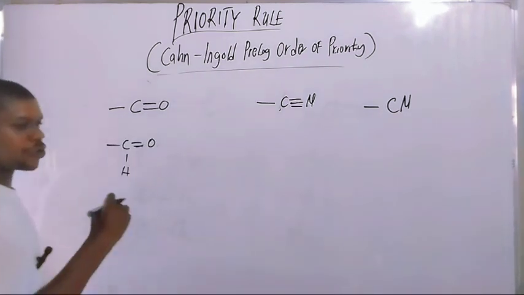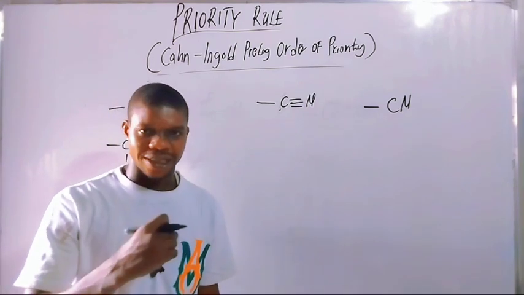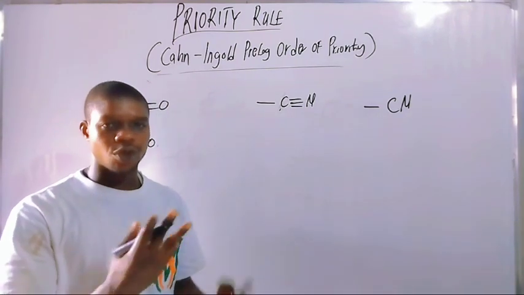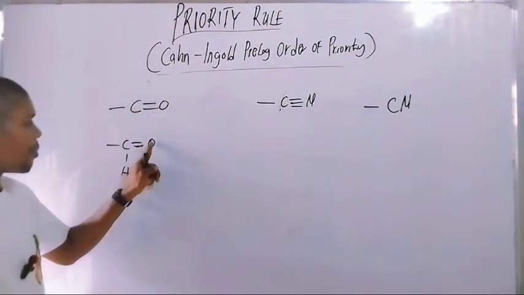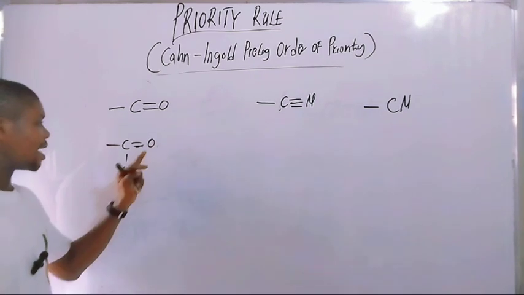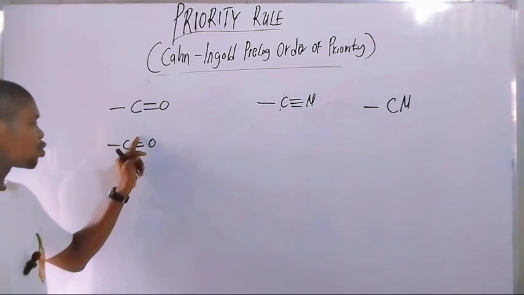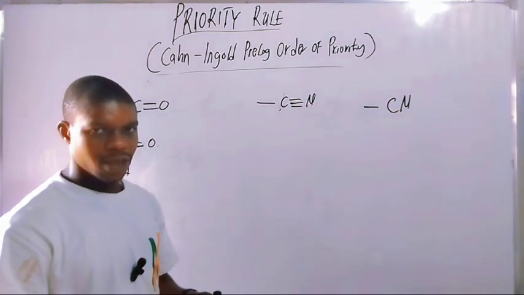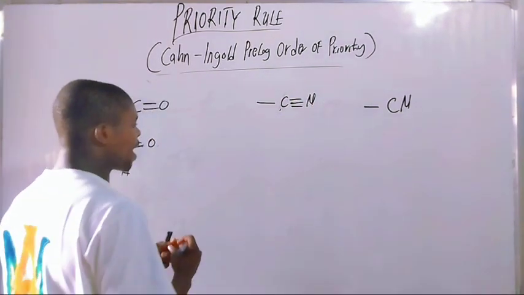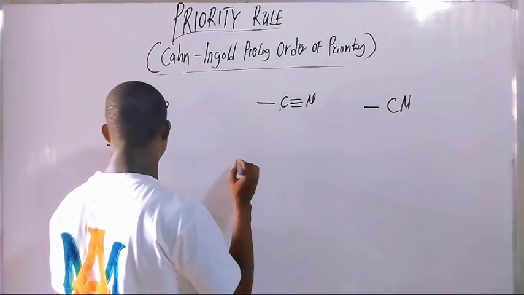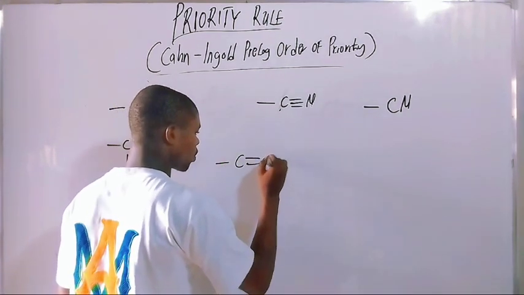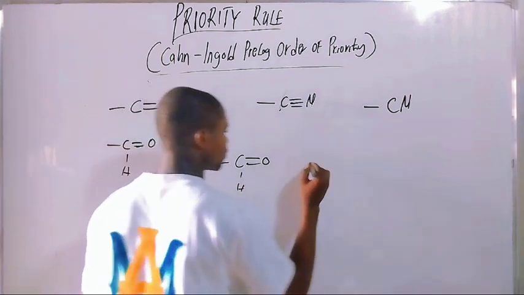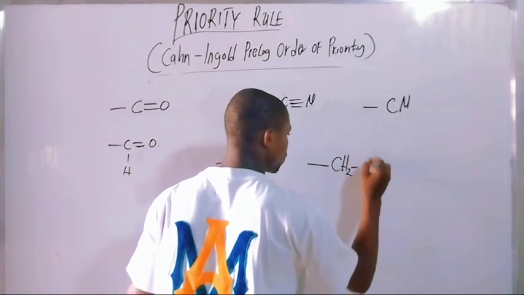So the number of bonds that the atom has determines how many atoms it counts as. It indicates that oxygen counts as 2 here, and nitrogen counts as 3 here. So when you are comparing atoms, probably you are comparing something like this and something like this, CH2OH.